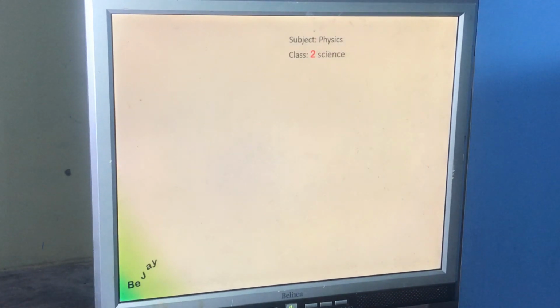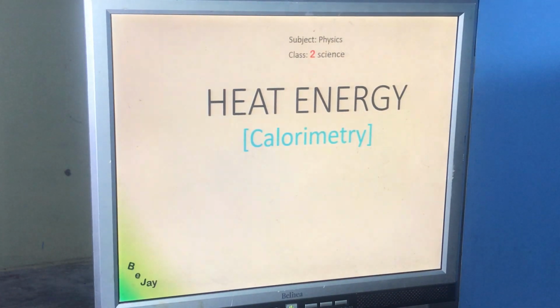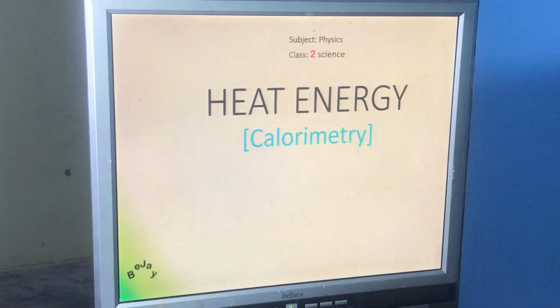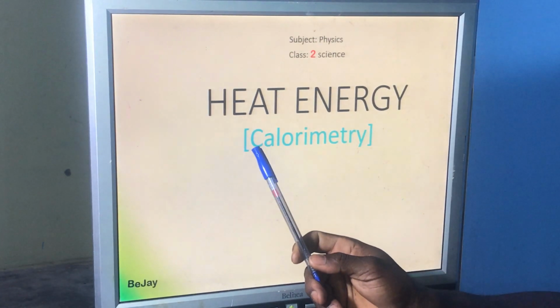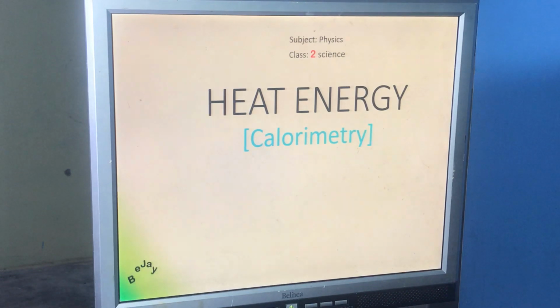We begin with heat energy. When we say heat energy, we also call it calorimetry. Why calorimetry? The term comes from the instrument which is used to measure quantity of heat.